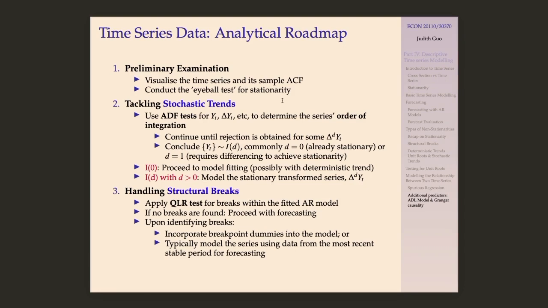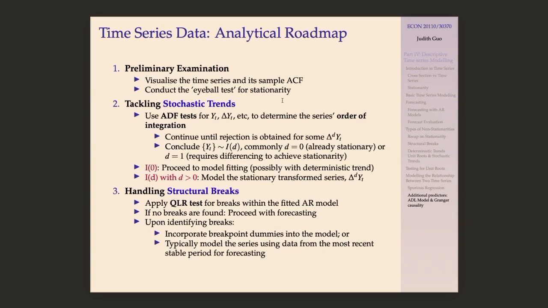And there we will conclude that yt is integrated of order d, if we stop the test at the d-th difference. As I mentioned, in reality, economic time series are either I(0) or I(1). Really rarely will you see I(2), let alone I(3). So usually d is equal to 0, which means that the underlying time series is already stationary, or d is 1, which requires differencing once to achieve stationarity.